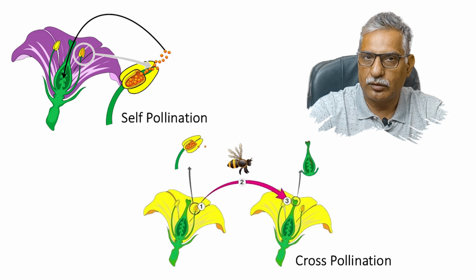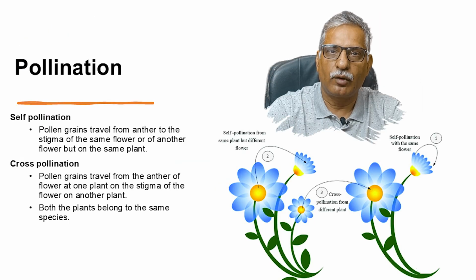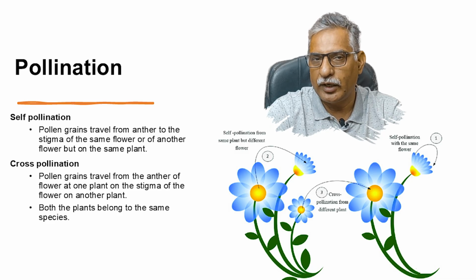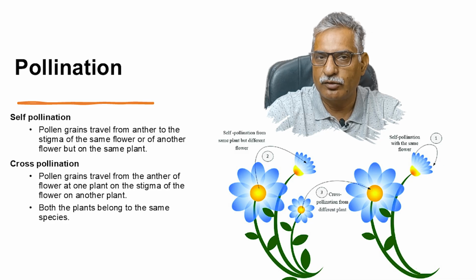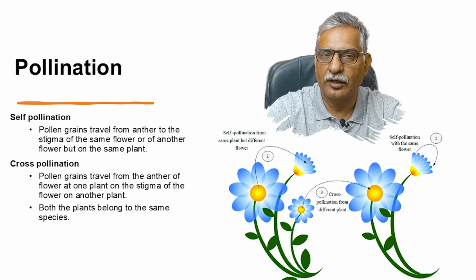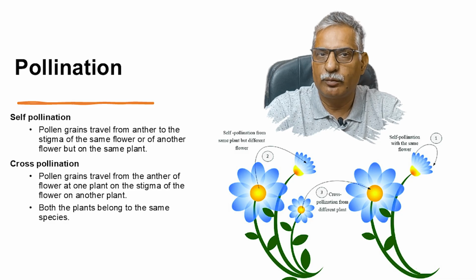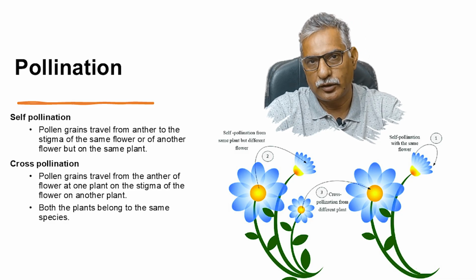During self-pollination, pollen grains travel from the anther to the stigma of the same flower, or they travel from the anther to the stigma of another flower but on the same plant. So in this case, pollen grains do not cross the plant boundaries. Whether they are supported by wind or by insects, if pollen grains reach the stigma of the same flower or the stigma of another flower on the same plant, this will be taken as self-pollination.